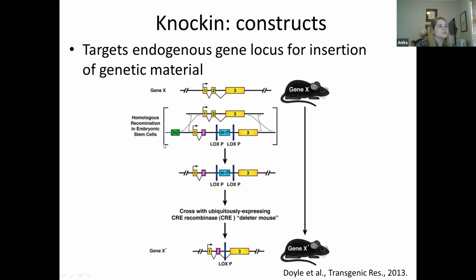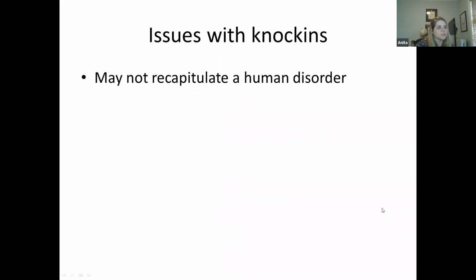Basically, you take your ES cells and use homologous recombination to put in your material beneath the native promoter. So it's very similar to knockouts, and here again, you may not recapitulate a human disorder. A lot of times the problem with knock-ins is you may get mosaicism in expression too, because the native promoter may or may not be highly active in every cell type or tissue.